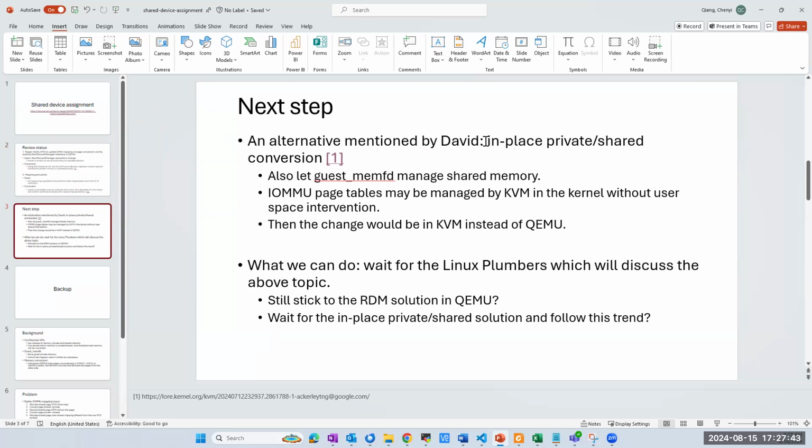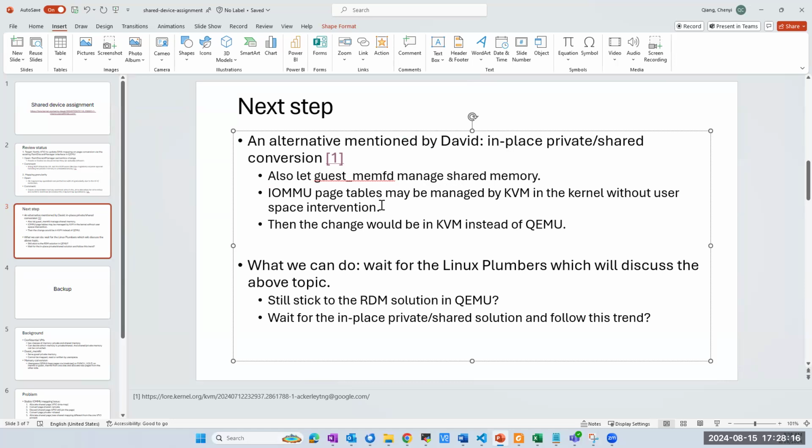He mentioned this in-place private and shared conversion discussion when they discussed supporting huge pages in guest_memfd. They discuss this feature, and it will let guest_memfd manage both private and shared memory.